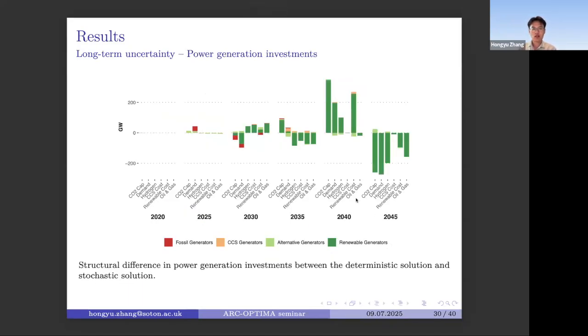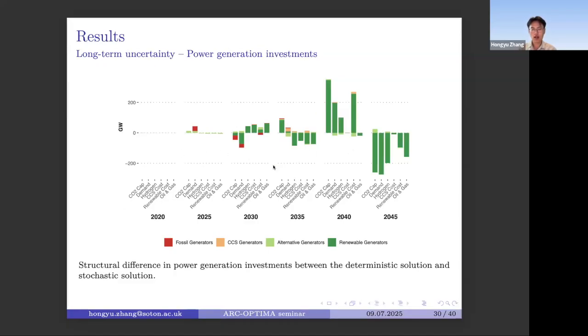Okay, so let's take a very quick look at the results. First of all, this plot shows you the difference between the deterministic case and the stochastic case, and the different cases on the horizontal axis are different uncertain parameters.